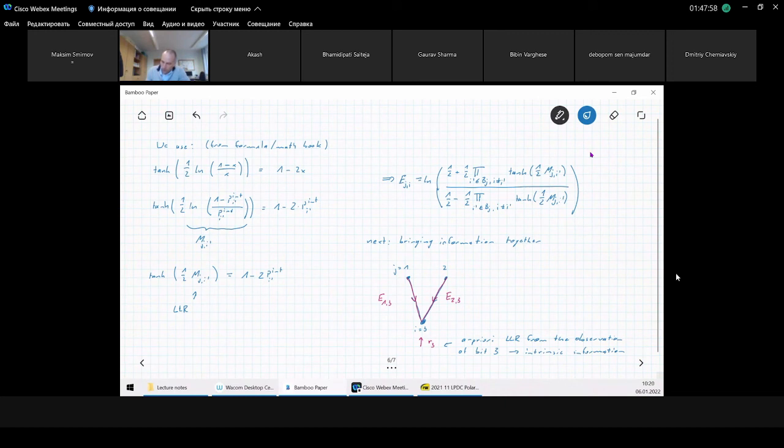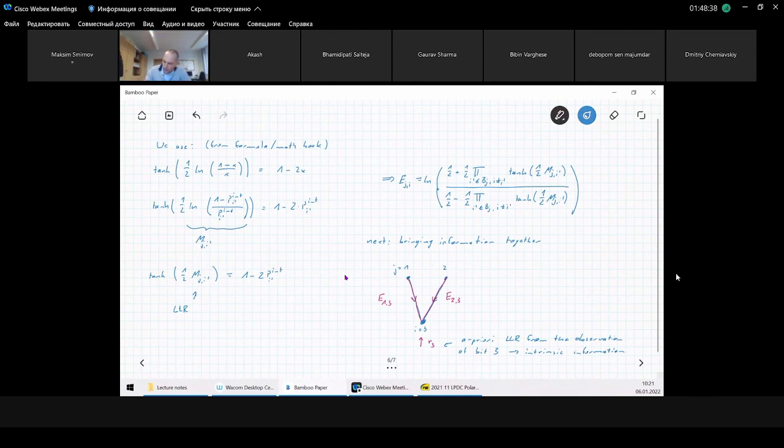Maybe you wonder why I use R3 here and not P_int 3. This is because this intrinsic probability P_int will be updated during the iteration, whereas this R is just the probability, or in this case the log likelihood ratio, before we start iterating. So this is just what we know from observing this noisy bit R3.